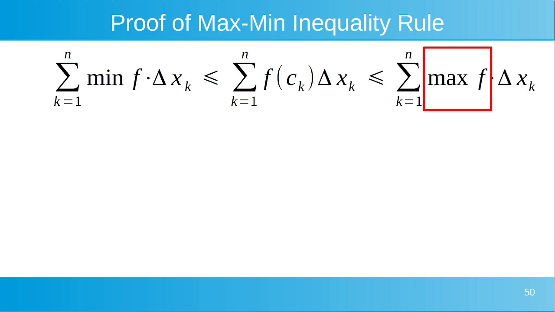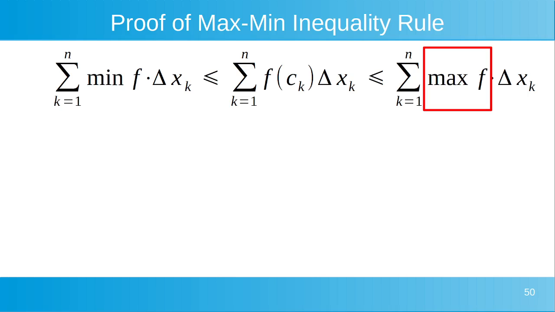And from what we know about Riemann sums, this will always be true for all Riemann sums, no matter how we divide up our closed interval into subintervals, and no matter where we choose our ck values.